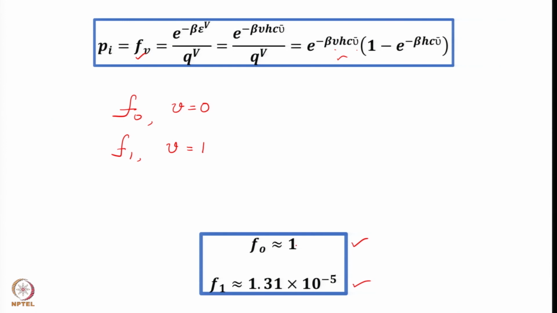So with the knowledge of the partition functions corresponding to a particular mode of motion and the fractional population, we can calculate the fraction of molecules in the ground state and in the first excited state, provided we remember the formulae or are able to derive them appropriately.